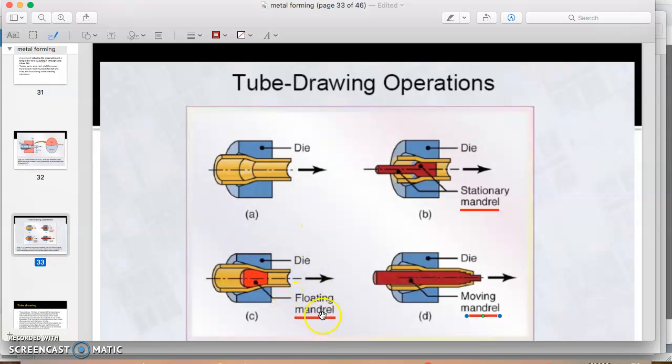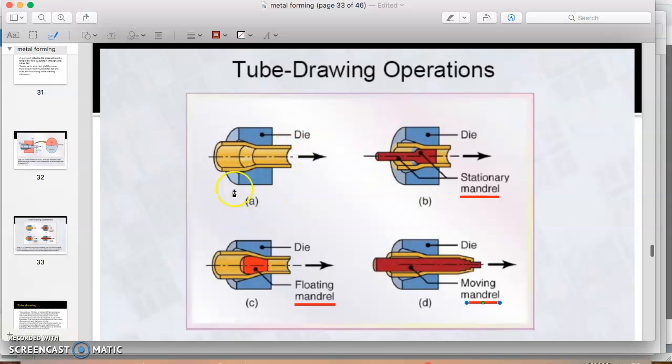In the floating mandrel, the mandrel also stays in the middle of the tube, and the workpiece is pulled to the right. And D is a moving mandrel. The mandrel will move to the right and pass through the die, and the raw material will stick at the outer side of the mandrel.